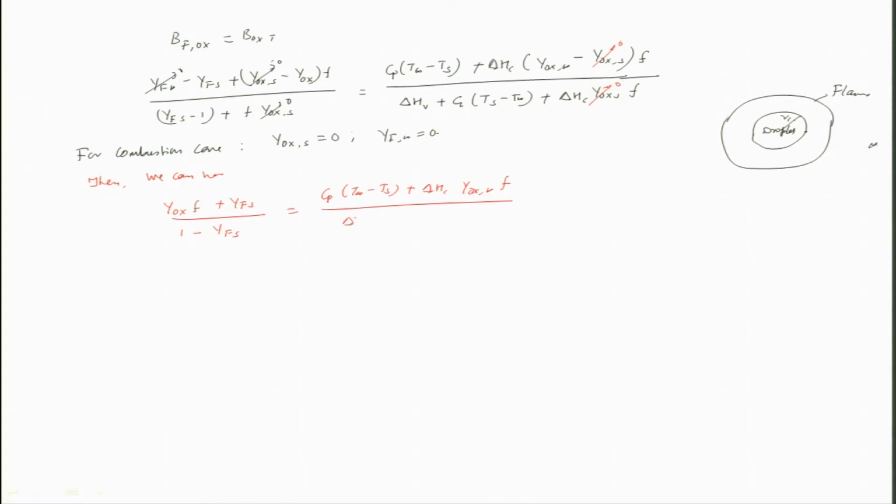So, I will be getting delta Hv plus Cl (Ts minus T infinity). So, this is, let us say, equation I. And then I need to find out this Y_F,S, and Y_F,S and Ts are unknown, 2 are unknown.